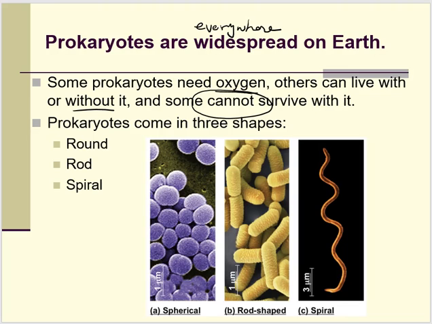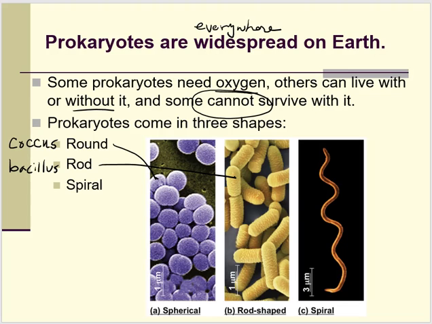All right. They come in 3 shapes. We call them round ones. These are spherical. The suffix you see on the name is cocci, C-O-C-C-I, or C-O-C-C-U-S. So staphylococcus causes staph infection. Those are round bacteria. The middle one are rod-shaped. We call those bacillus-shaped.